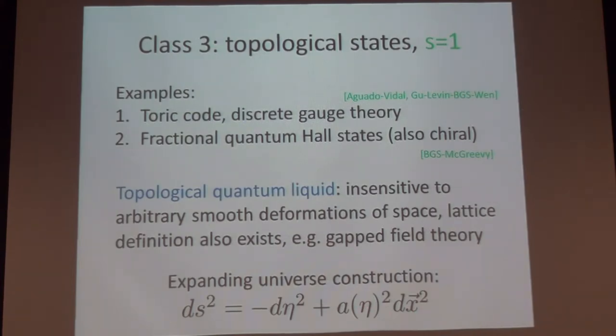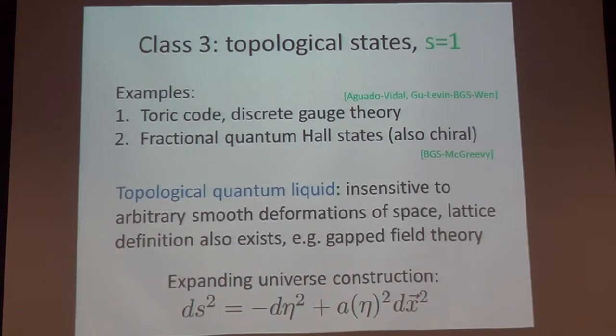And as long as the quantum field theory remains gapped for all values of A, then I have explicitly constructed a path in Hamiltonian space from size 1 to size 2 just by changing A from 1 to 2. So as long as you believe that quantum field theory can be put on a sphere or a torus, and you can adiabatically increase the size of the torus without closing the gap, then you have to believe that it's a quantum liquid, and it implies it's S equal to 1.